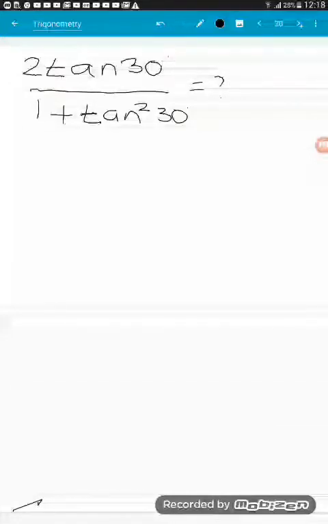They gave options: option A sin 60, option B cos 60, option C tan 60, option D sin 30. Now first we will solve it and then we will see which option is suitable.